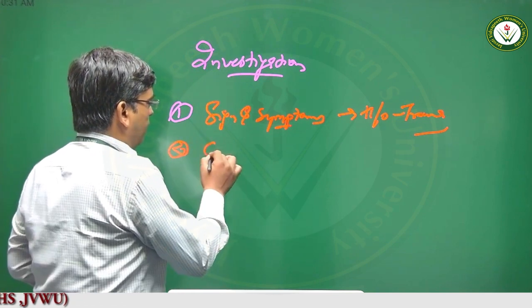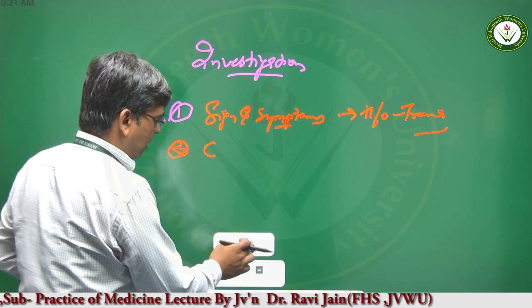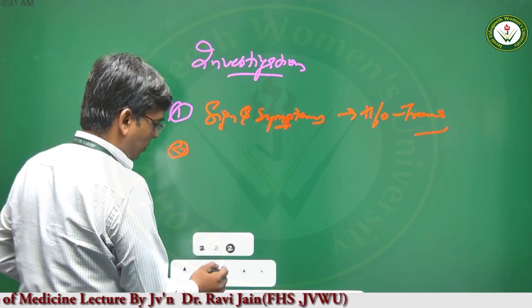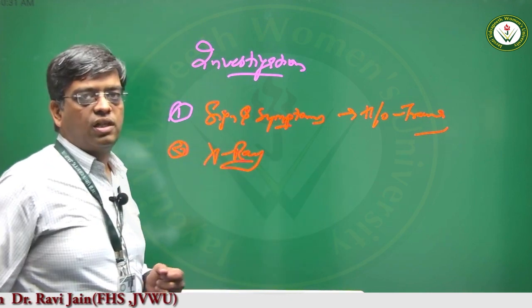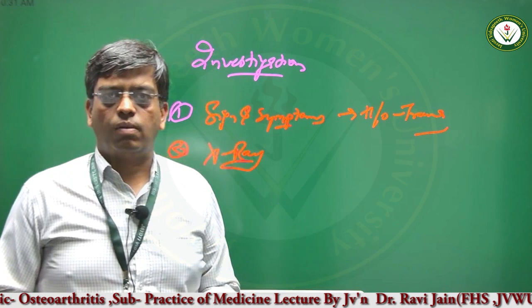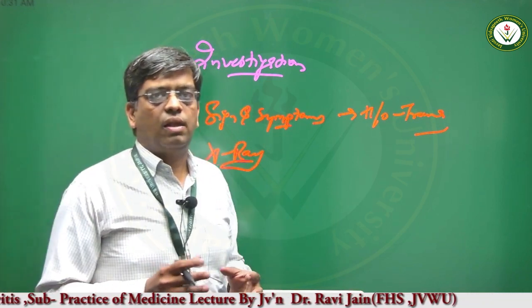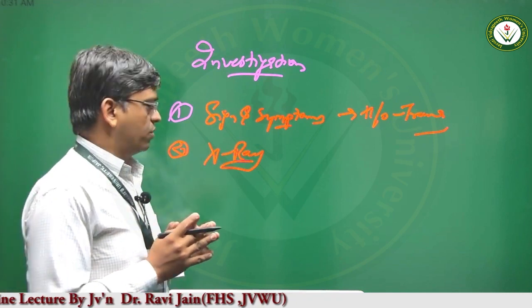Second, after the clinical features, it comes to the X-ray findings. X-ray of the affected joint is performed. Usually AP view and the stress X-ray are performed to check for the changes. There will be reduction of the space between the joints in osteoarthritis.